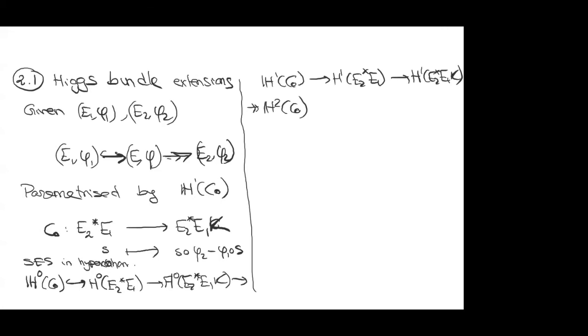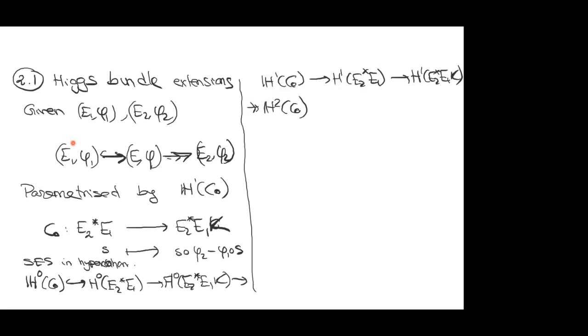And that's it. Okay, so as a remark, if one looks at H1, there will be two things that constitute a Higgs bundle extension. First, a bundle extension, and secondly, a Higgs field from E2 to E1.